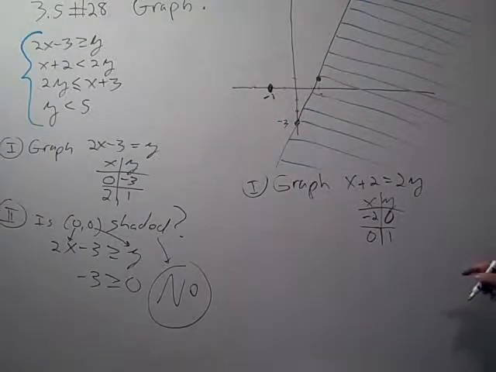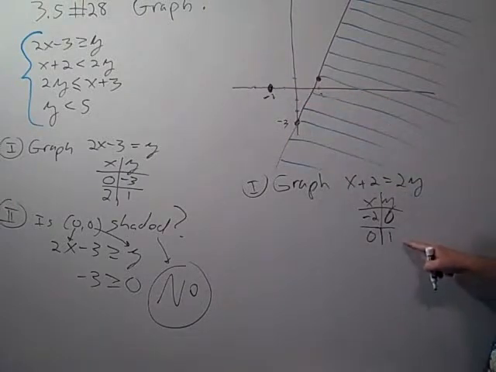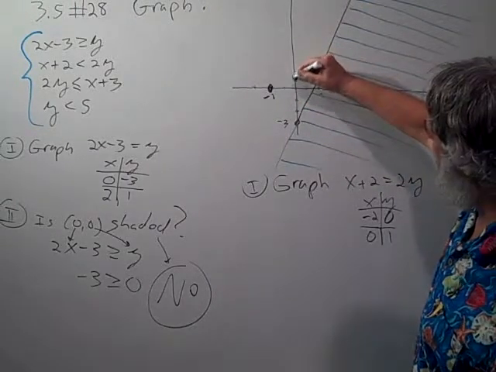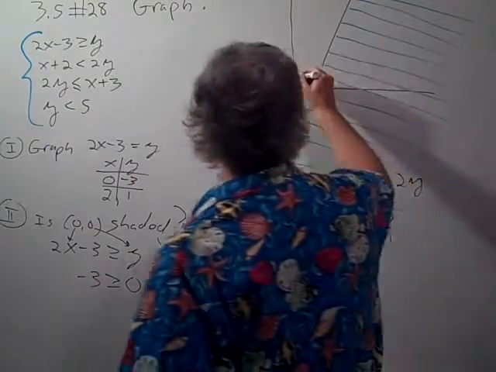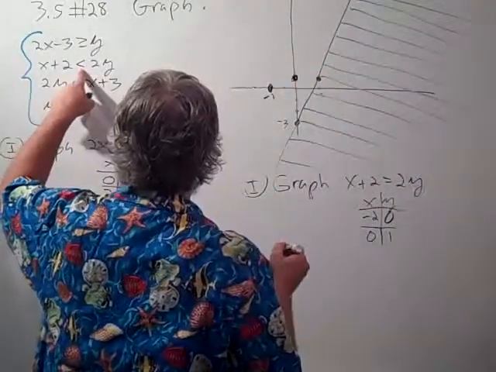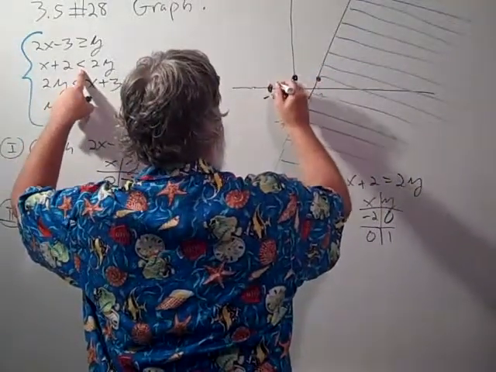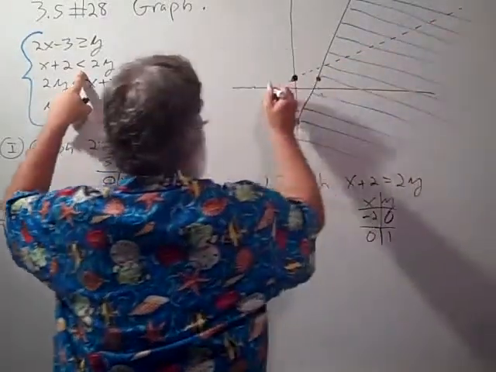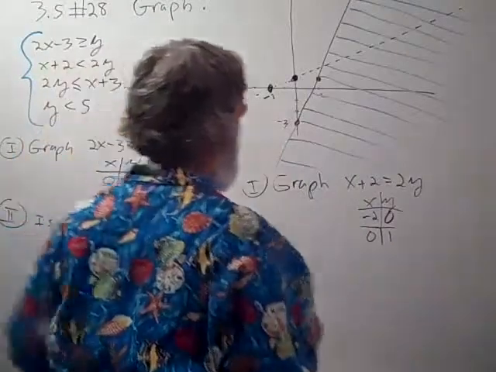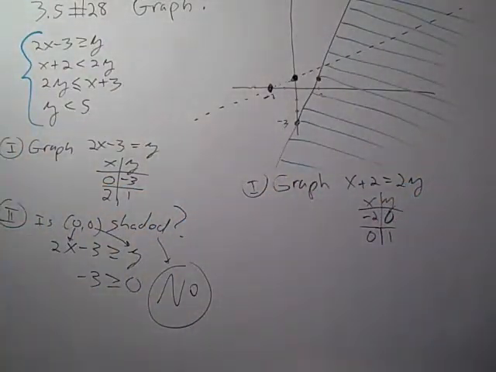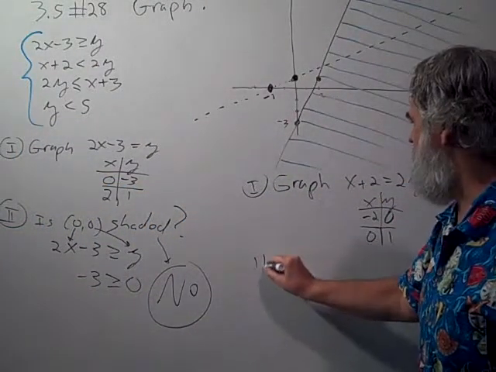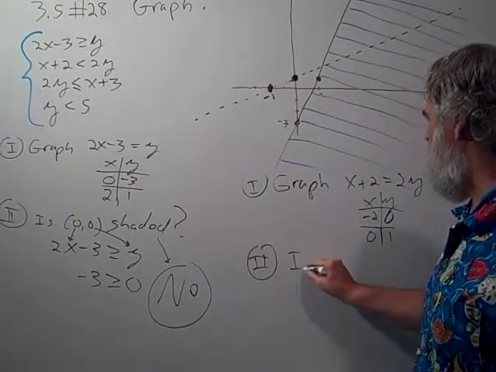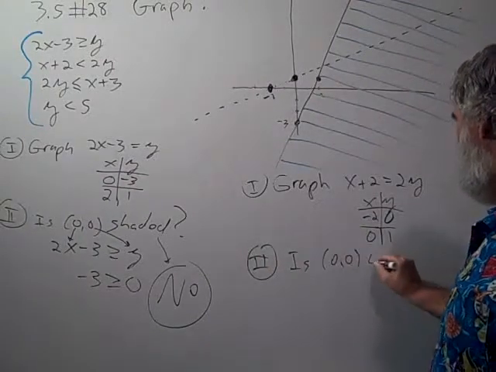So the x-intercept is at negative 2, and the y-intercept is at 1. This line, which is going to be a dashed line now because it's a strict inequality, is the line through these two points. And now we have to decide which side of that line to shade. So we ask, is the origin shaded?